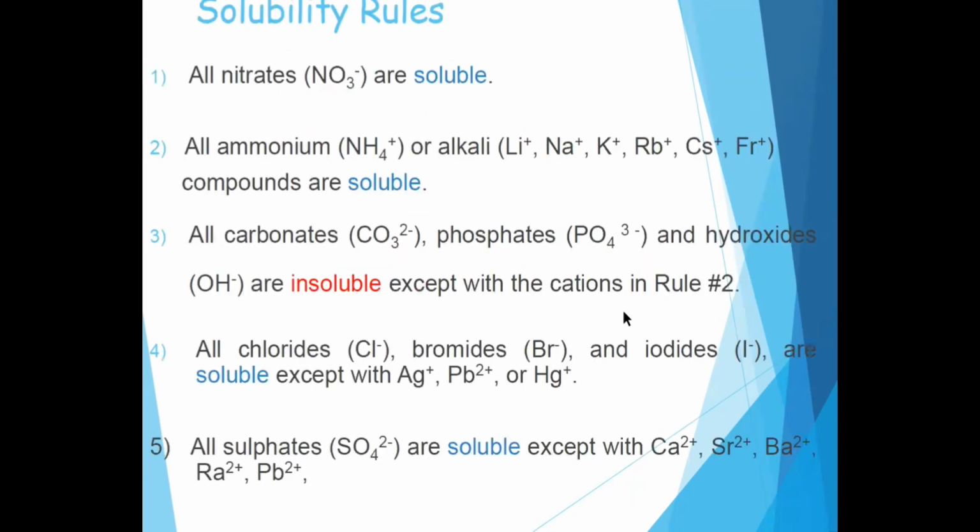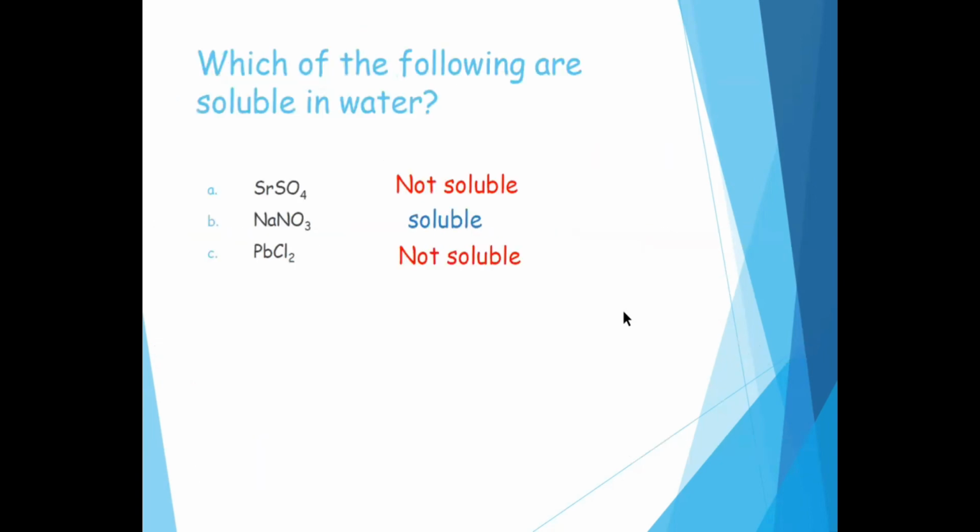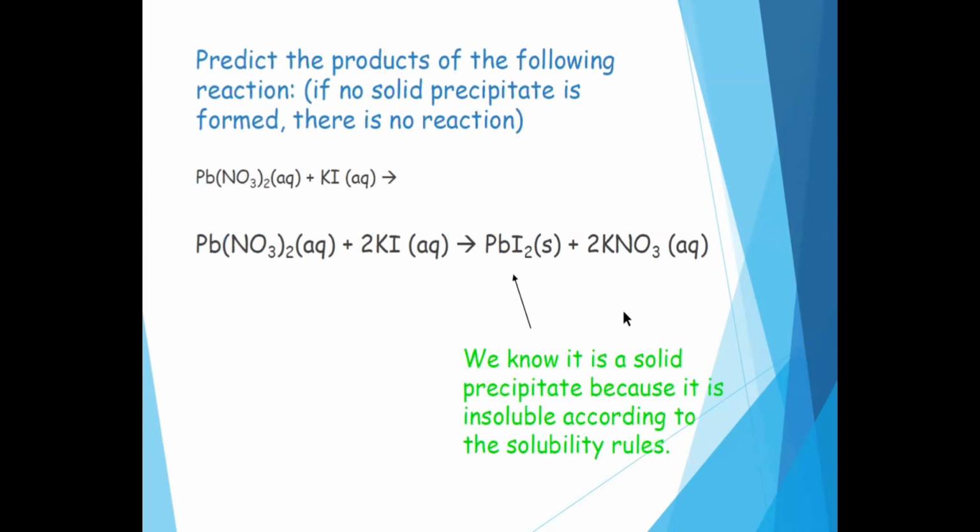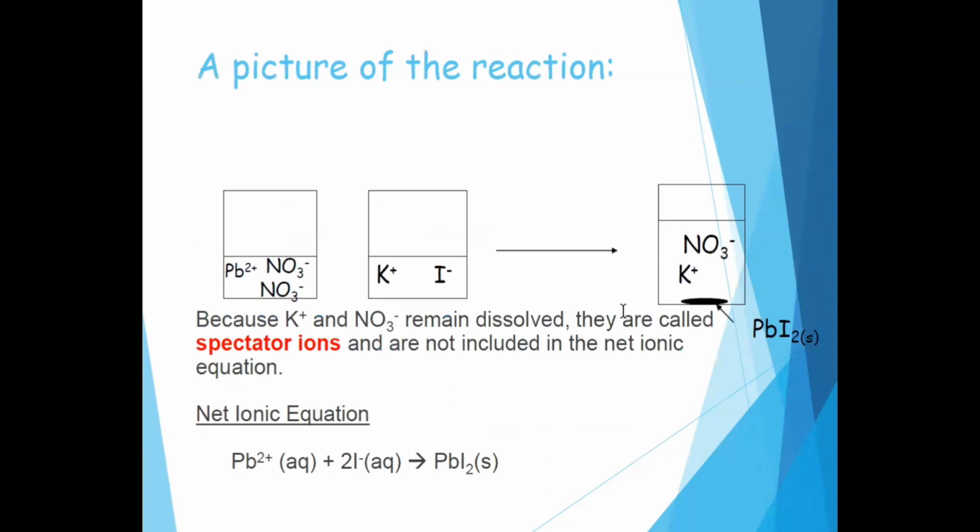Looking back at the iodide rule, Pb is an exception to the solubility. So this PbI2 will be insoluble, hence it will produce a precipitate, and the state will be solid. And then KNO3, again, it's a nitrate, so all nitrates are soluble. We get aqueous for that state.